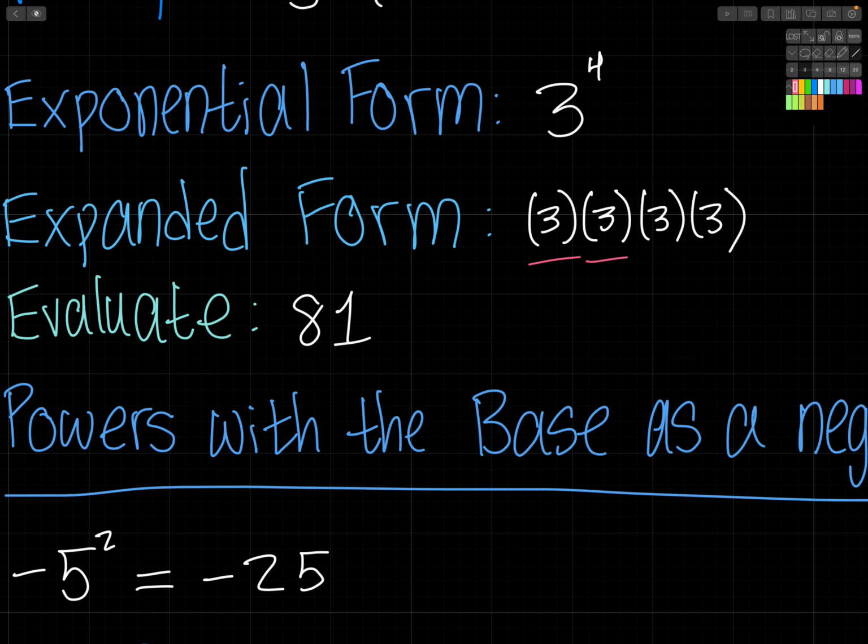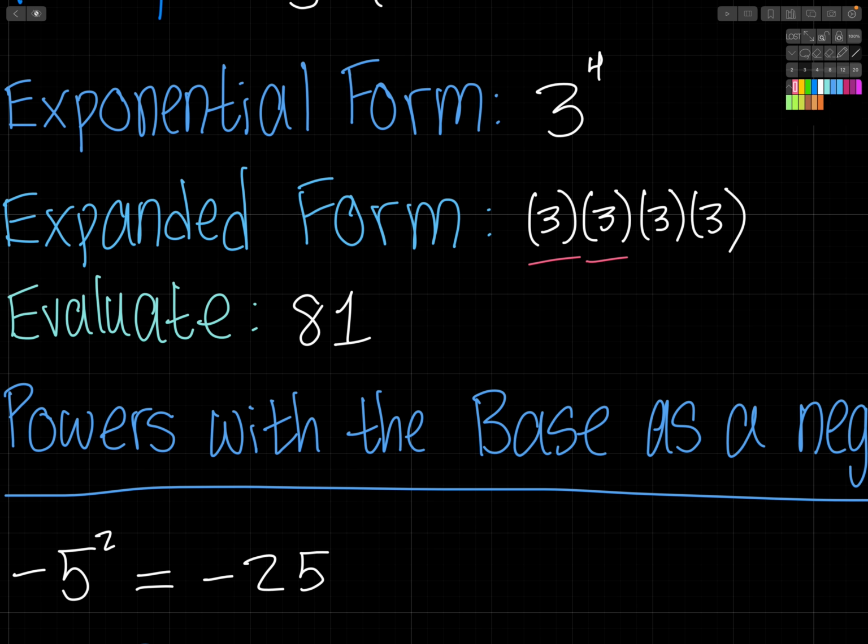Essentially, if you have a base with a negative, what it's saying is that we have 5 to the power of 2, but we're going to multiply it by negative 1. The negative sign means this negative 1, which is hidden. So it's negative 1 times 5 to the power of 2.